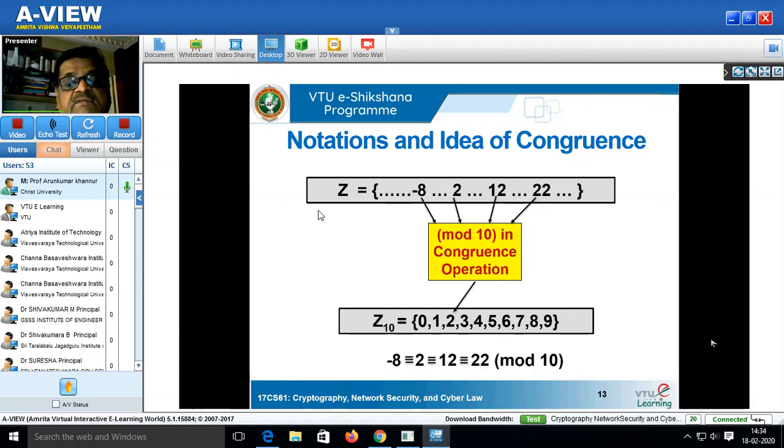Means a set of integer values, when mapped by making use of mod of a specific value, results in mapping to the residue set. So this particular concept must be very clear to all of you, otherwise you will struggle in understanding the next concepts.